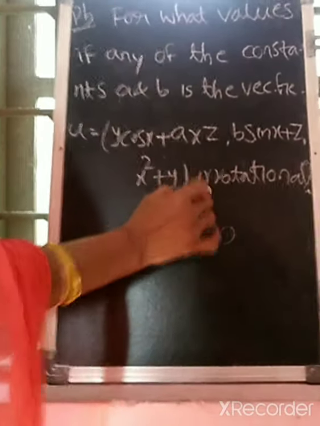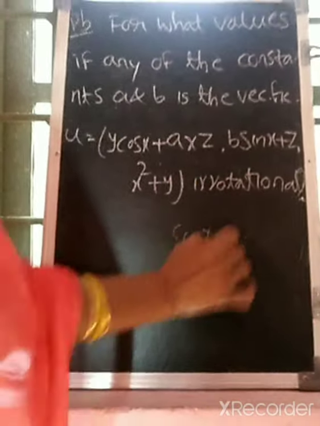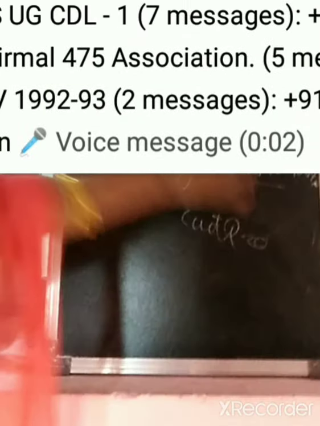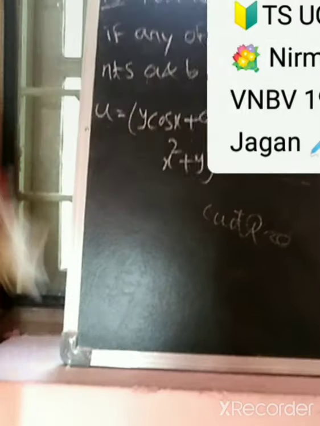Then curl u is equal to 0, so u is irrotational. So that is our problem.